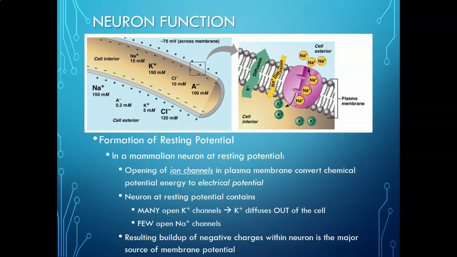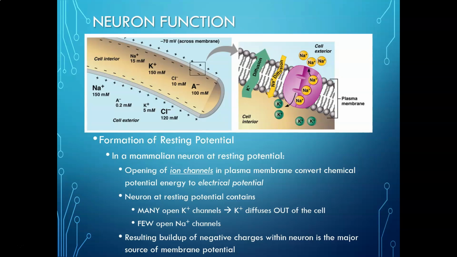So your neurons, when they're at their resting potential, not sending a signal, they've got lots and lots of potassium channels widely open so that the potassium is flowing to the outside of the cell, and we're using the sodium potassium pump to bring them back in. On the flip side to that, there are not a lot of sodium channels open.